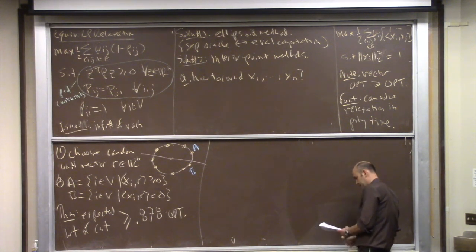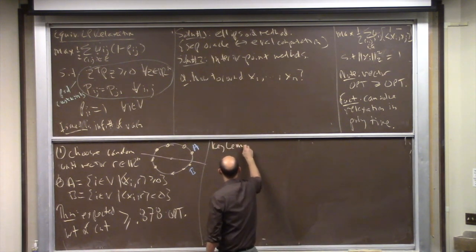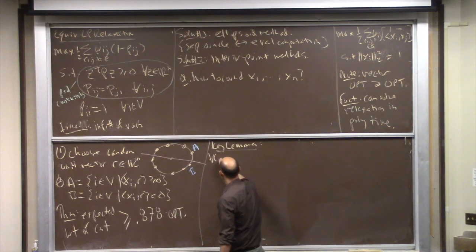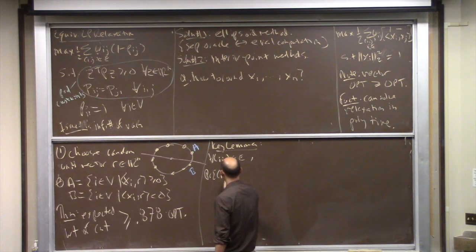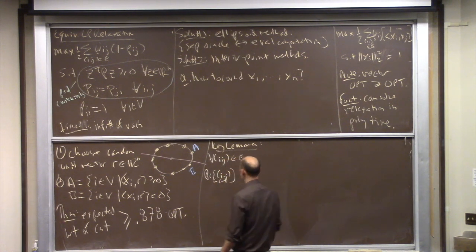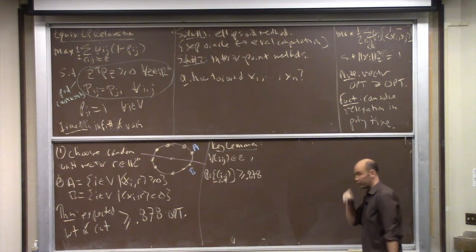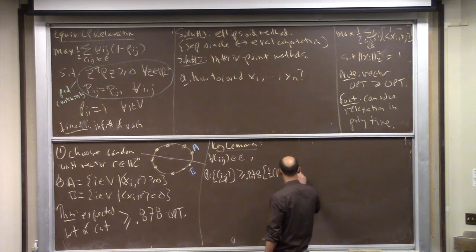So, why is this true? Well, here's the key lemma. The key lemma says that for every edge, the probability that the edge ij is cut by our random hyperplane is at least 0.878 times what the vector relaxation earns for that particular edge, so 1/2 (1 minus the dot product of xi and xj).